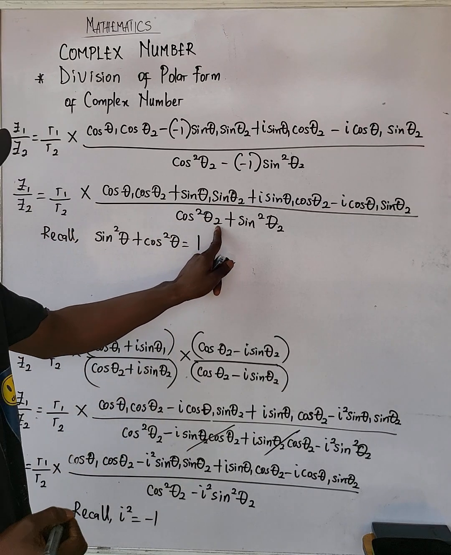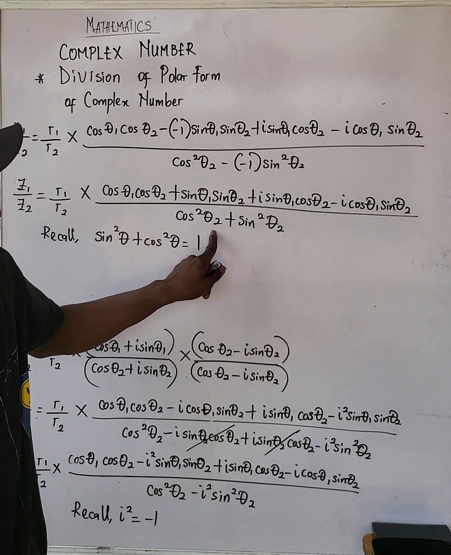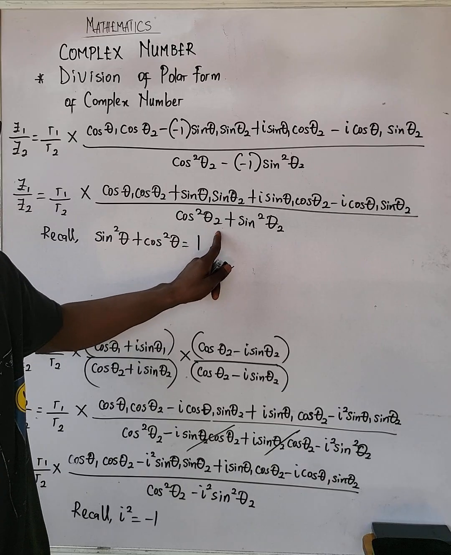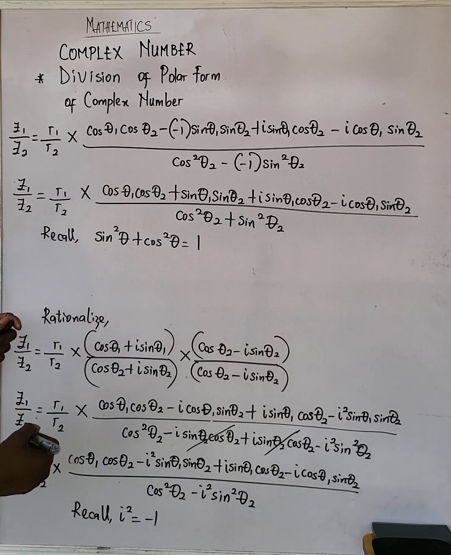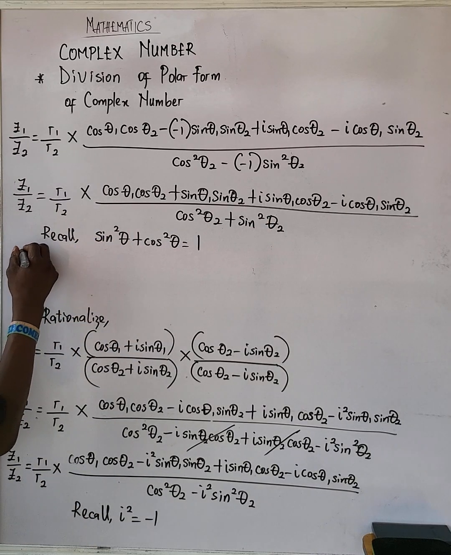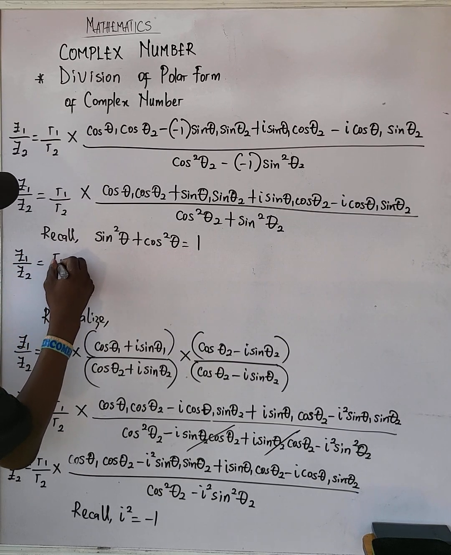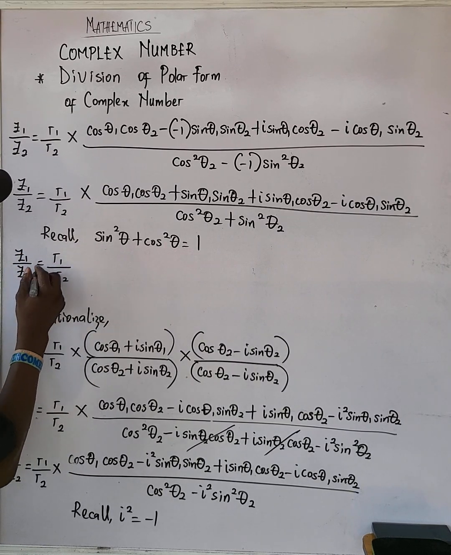So cos square theta 2 plus sin square theta 2 is definitely equal to 1. So that will be Z1 over Z2 equals R1 over R2.